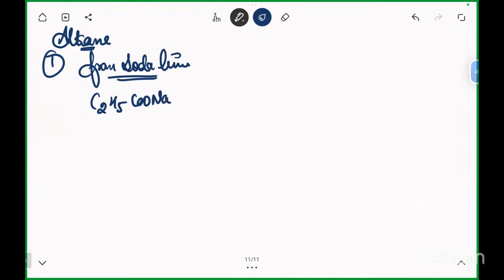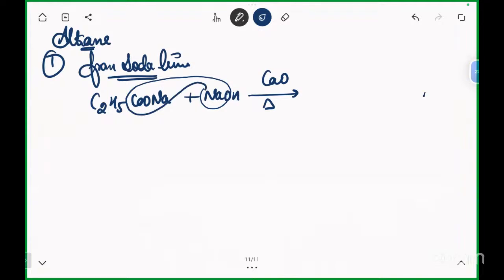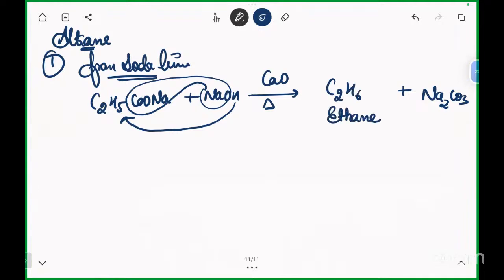When it reacts with NaOH in the presence of calcium oxide, the mixture of CaO and NaOH, that is called soda lime, when I heat this, what will happen? This NaOH along with this portion gives out Na2CO3, sodium carbonate. Along with this, hydrogen will come at this carbon and form C2H6. This is called ethane. So this is the preparation method.